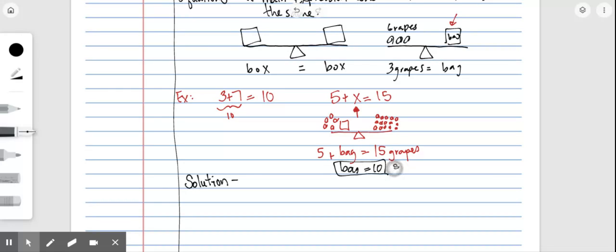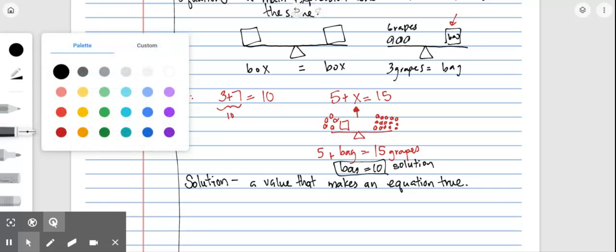This is a solution. Because if there are 10 grapes inside the bag, then the left-hand side and the right-hand side are the same. So if x equals 10, then I've got a solution. So a solution is a value that makes an equation true. A value that makes an equation true.